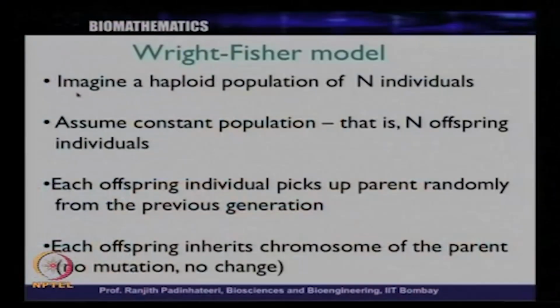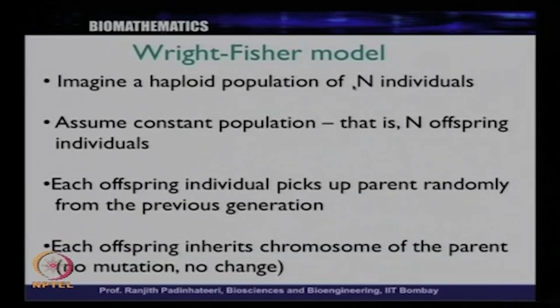So it turns out that we can do pretty good prediction, and very interesting things, for this particular model, and this model is very useful. So let us look at the assumptions that we made for this model once more. First, we imagined that there is a haploid population of n individuals, and we assume that it is a constant population, that is, there are n offspring individuals also.